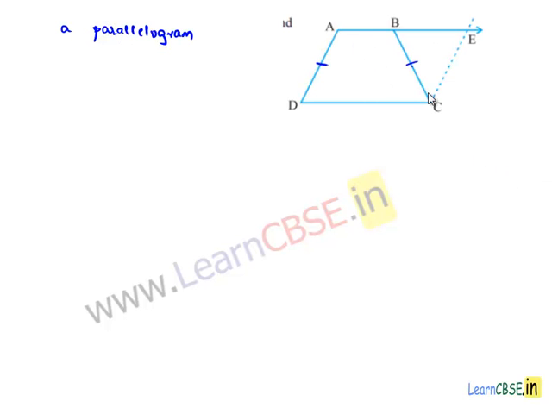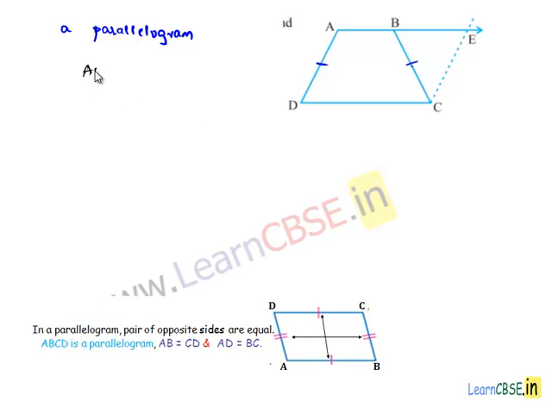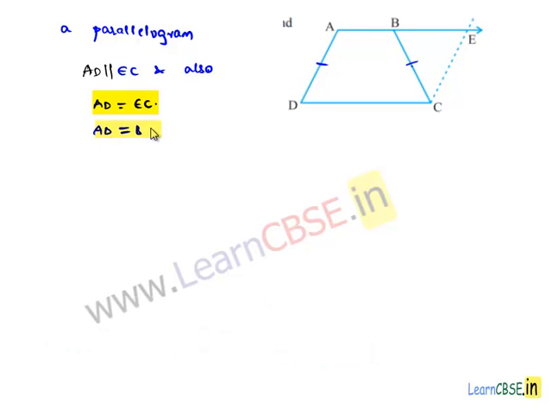Now, as AECD is a parallelogram, we can say AD is parallel to EC and also AD is equal to EC. But we know that AD is equal to BC, which implies BC will be equal to EC now.